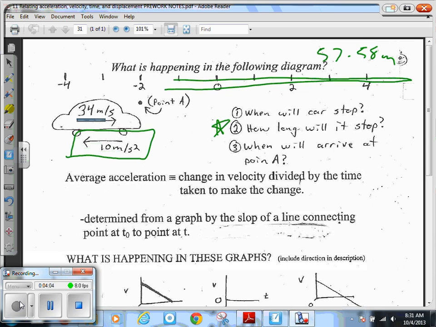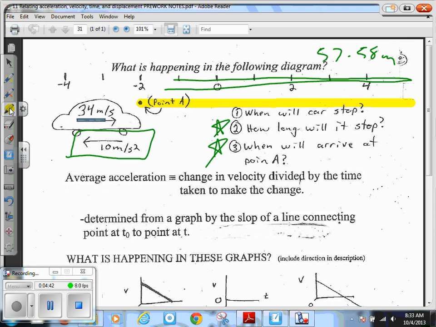For number 3 now, since you probably understand the question a little better, since it already is at point A, when will it arrive back at point A is the question. This is a symmetrical problem, and humans like symmetry. That's why we can have a problem with nature, because it's never symmetrical. We always want to think it is, but every time we go down that path, it just doesn't work. So what happens here? 3.4 seconds to get out there to that instant where it stops, right?